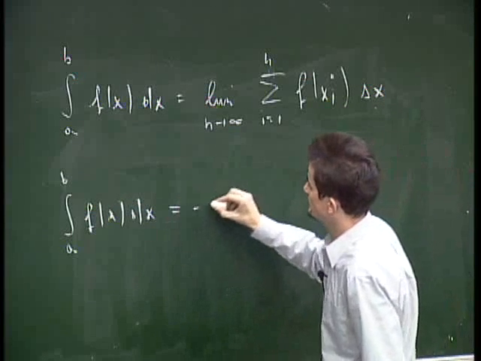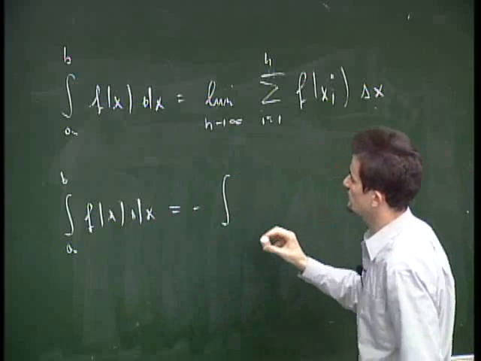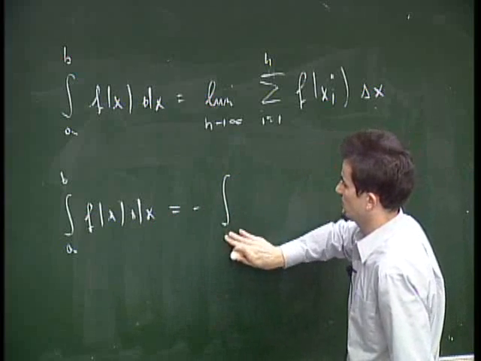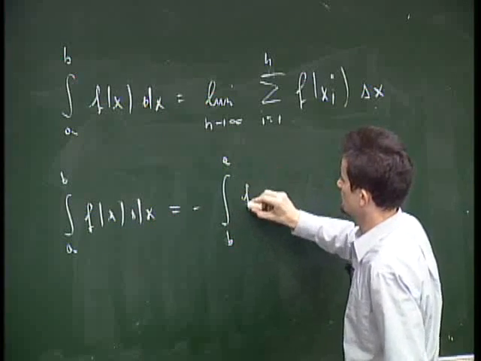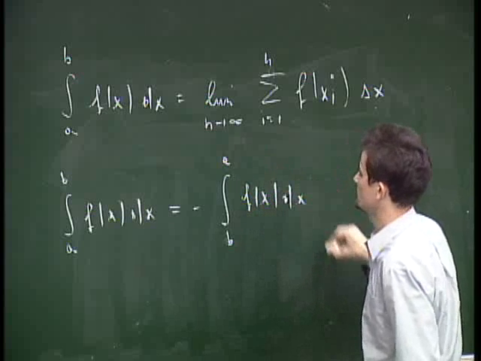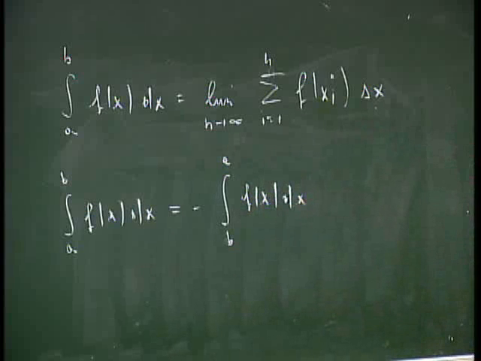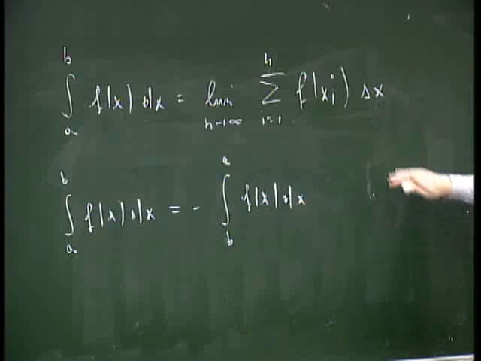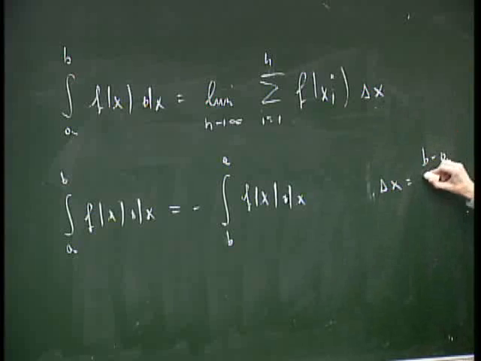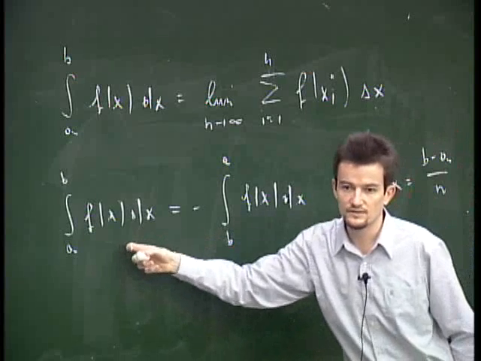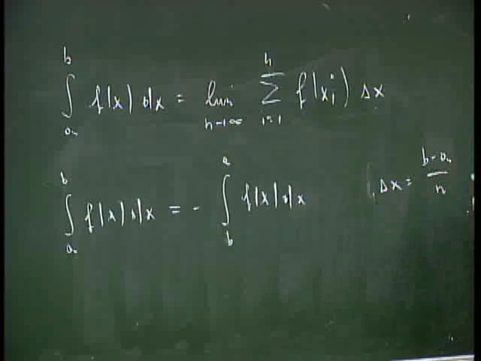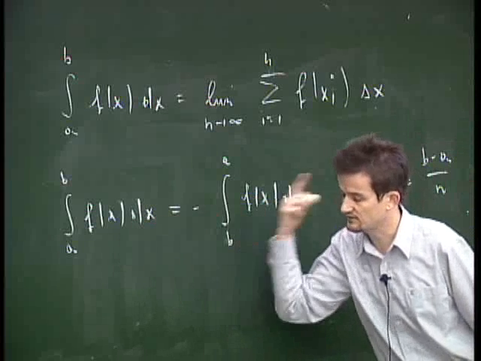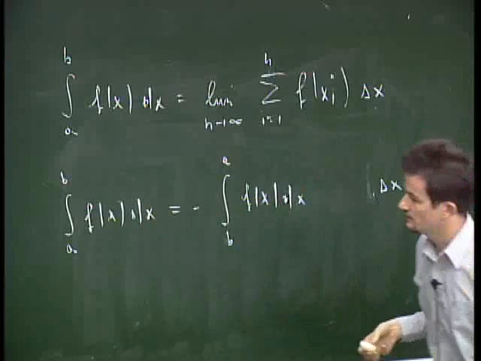So you will get that the integral is minus the integral from b to a of f of x dx. Okay, so that's the first rule we get, just from the definition. The reason is that delta x is b minus a over n in this case, and here you have a minus b over n. So compared to this delta x, here you have minus delta x.